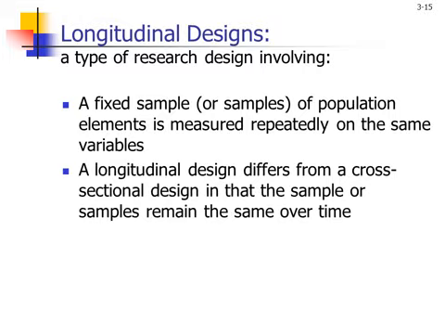So here in our slide, longitudinal design research is a type of research design involving a fixed sample or samples of population elements measured repeatedly on the same variables, and it is different from cross-sectional in that the sample remains the same.